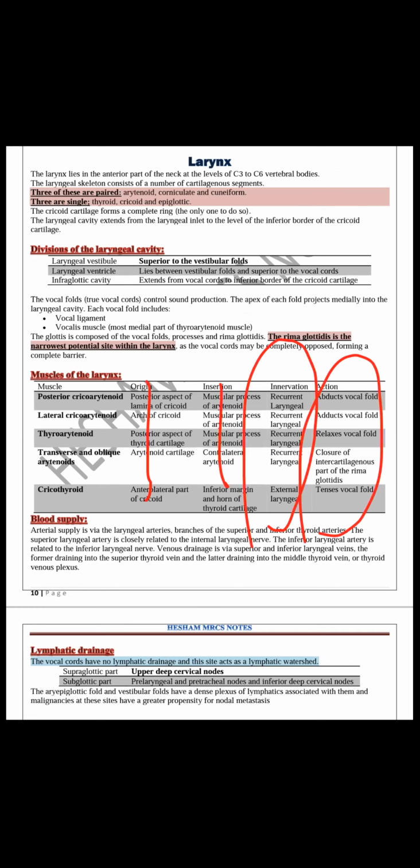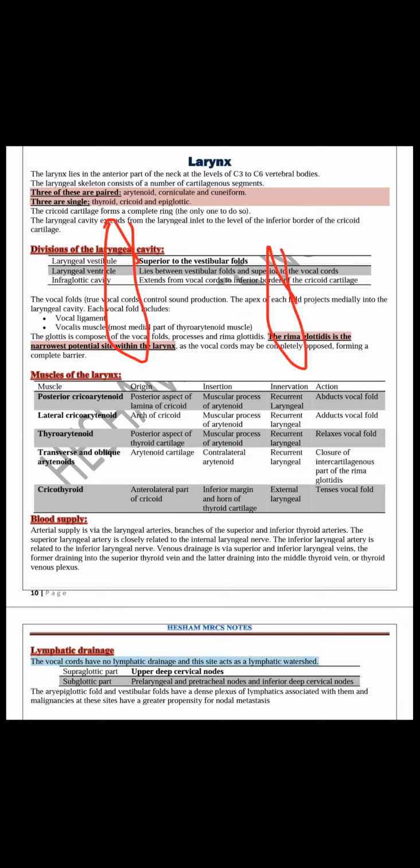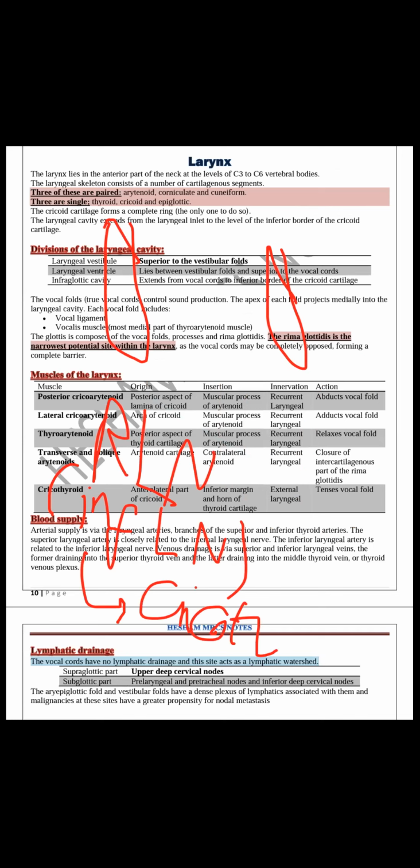First one, to cause tensing of the vocal cord, is the cricothyroid muscle. By the way, all laryngeal muscles are supplied by the recurrent laryngeal nerve, which in some books is called the inferior laryngeal nerve, a branch from the vagus, except this cricothyroid muscle which causes tension of the vocal cord.